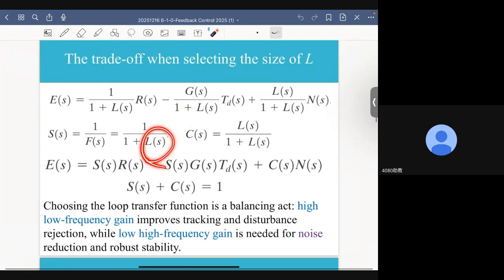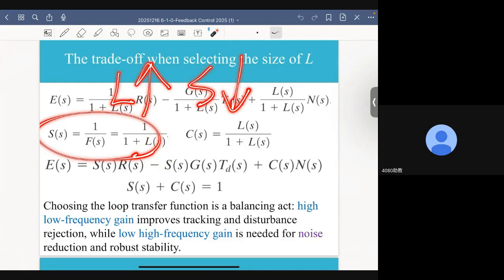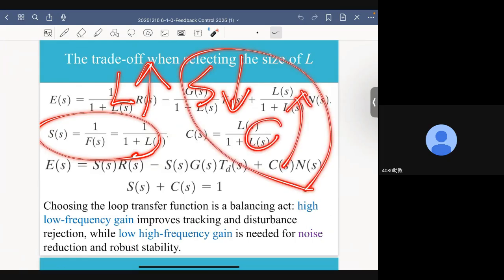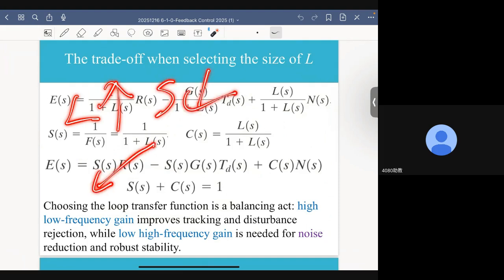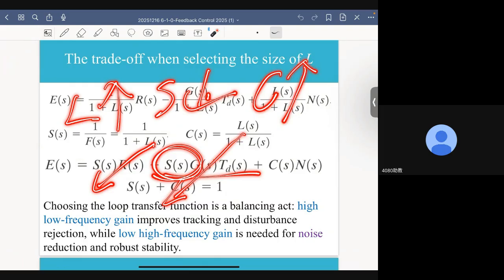If I increase L, when L goes up, then S goes down, and then C goes up, okay? Why is this the case? Because of this equality, okay? Now, when I increase L, S goes down, this term becomes smaller. This term, because it has an S here, will also become smaller. However, when S goes down, C always goes up, and this will increase.